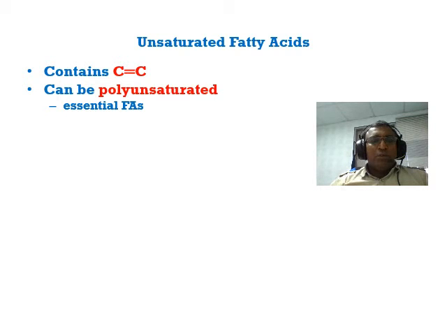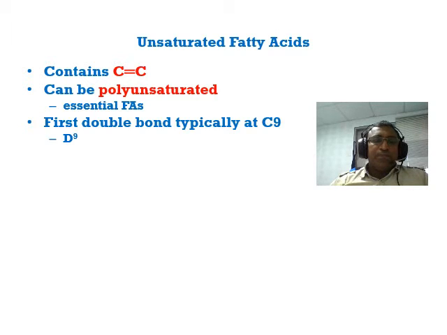When it comes to humans, we cannot make fatty acid having a double bond at location 12 and beyond, because we do not have the desaturase enzyme. Therefore we have to obtain it from the diet, and hence it is referred to as essential fatty acid, just like essential amino acid, which you need to obtain from the diet.